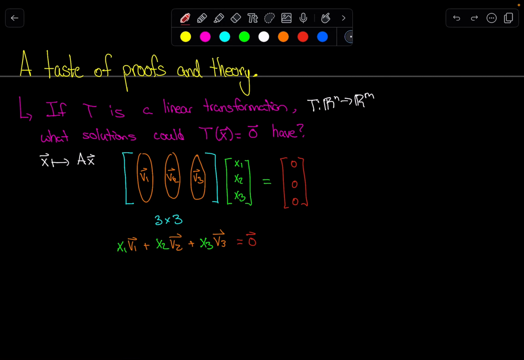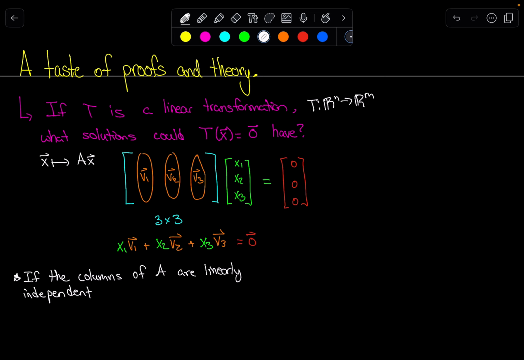Now, here's the thing. Hopefully some of this theory is going to start kicking in. If the columns of A are linearly independent, then what is the solution to the question I'm asking? Can x1, x2, and x3 be any random set of numbers? Will there be a solution?